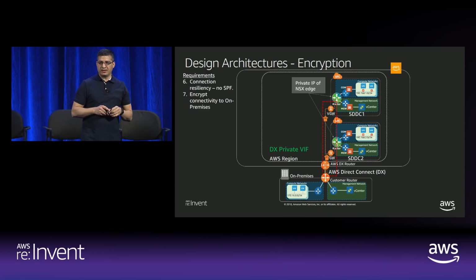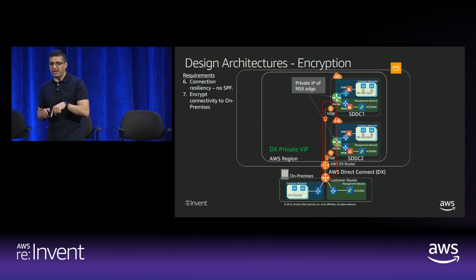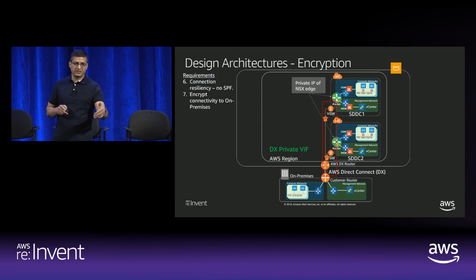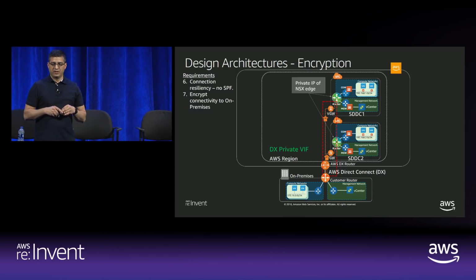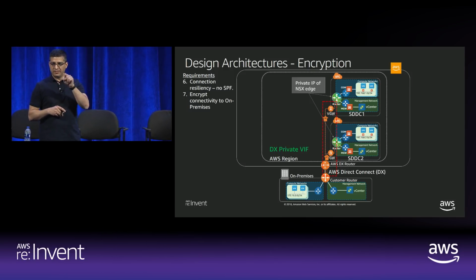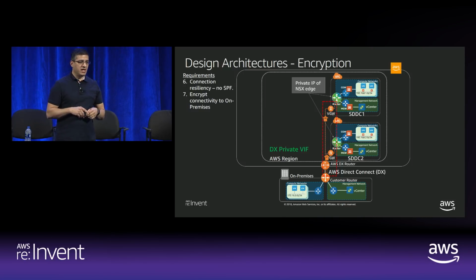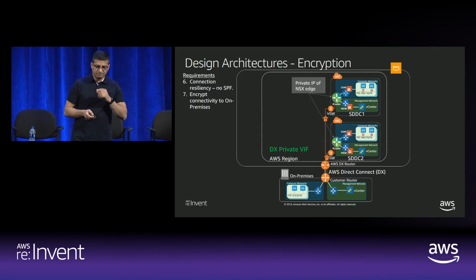The answer is VPN. In the VMware model, VPN takes higher preference than BGP over private VIF, which means I'm good. I can pick the networks that I want to encrypt, and the tunnel will be routed over private VIF, and the BGP route learned from VPN will take over.